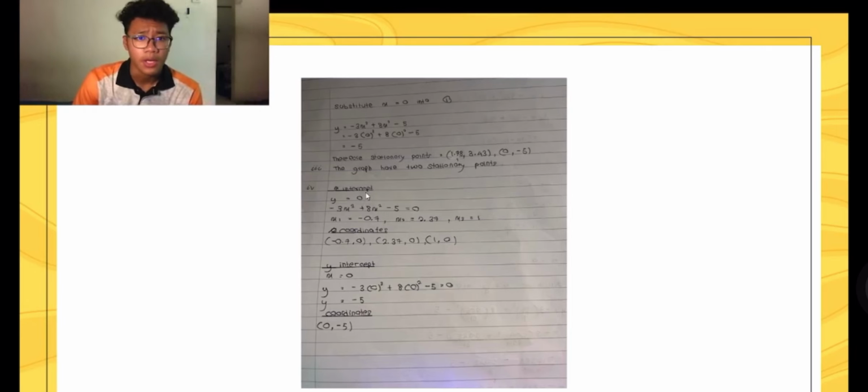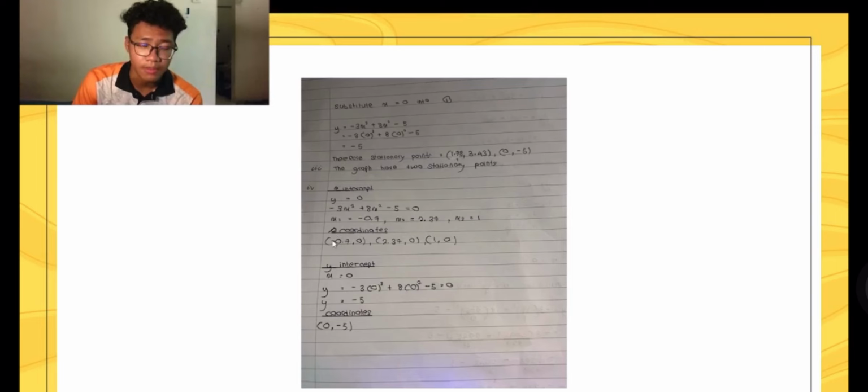Next, we are going to find the x-intercept, so we have to make y equal to 0 and insert into the first equation. By inserting the values into the calculator, we got x1 equals -0.7, x2 equals 2.37, and x3 equals 1.